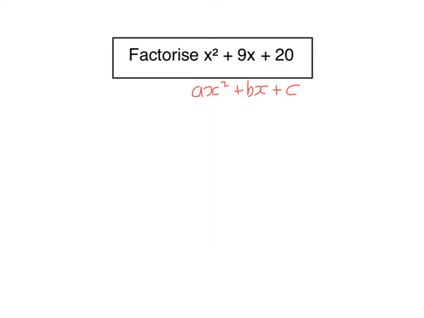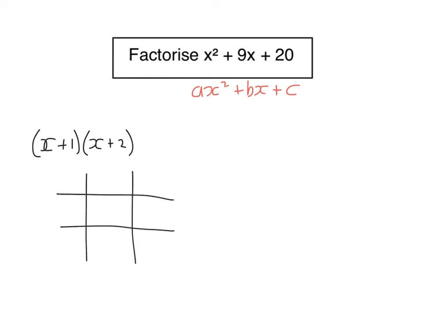Before we do that, let's just refresh our memory of expanding brackets. Let me just pick a random question, so x plus 1, x plus 2, and let's have a look at what happens when we do this in the grid method. So I've got x plus 1 times x plus 2.